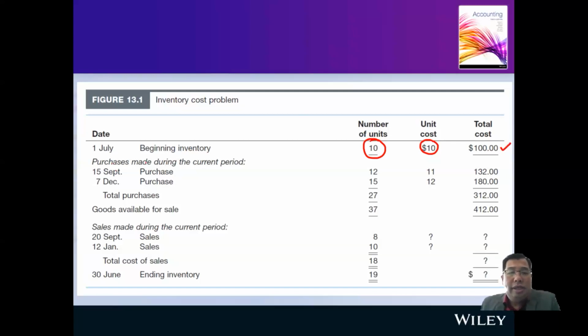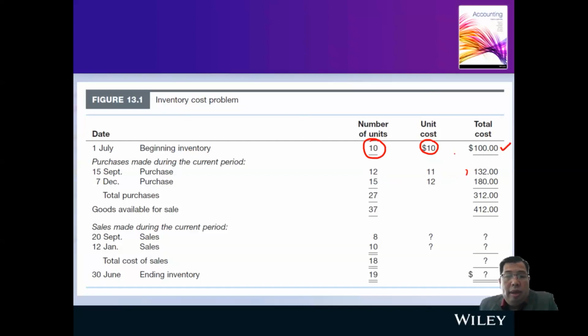Then you purchase additional inventories. On 15 September, purchase another 12 units, but the price is no more $10. The price now is $11. So the total cost will be 132. 12 times 11 is 132.